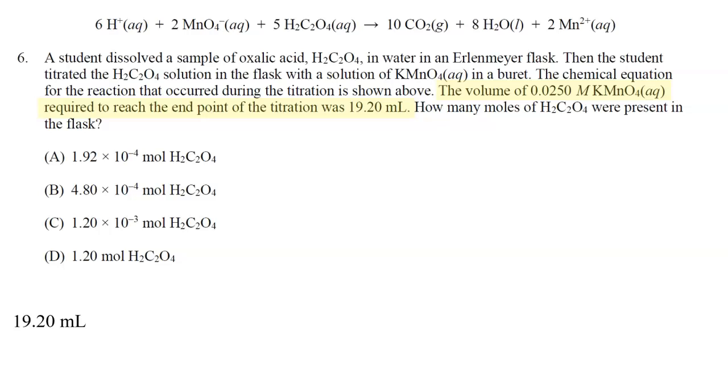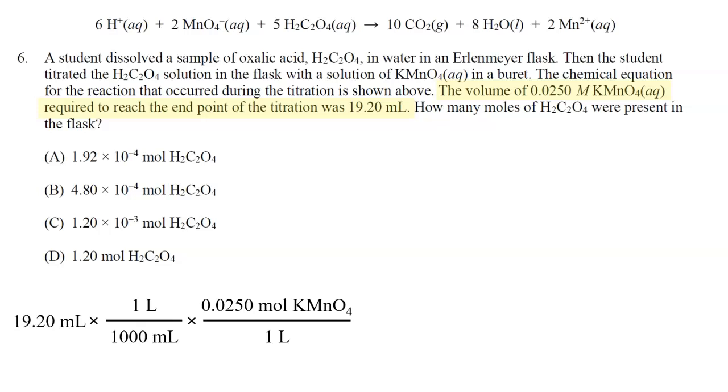First, let's convert the units of milliliters into liters. So there is 1 liter for every 1,000 milliliters. And then that capital M represents molarity or moles per liter. So 0.0250 M means 0.0250 moles of the potassium permanganate for every 1 liter.